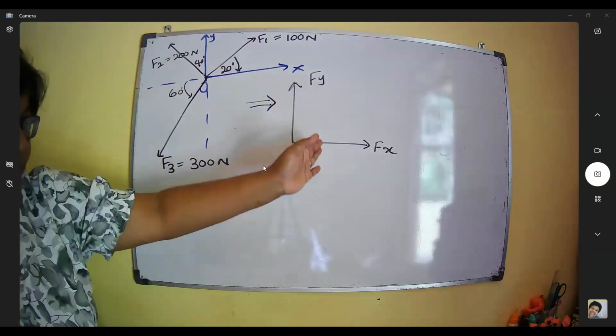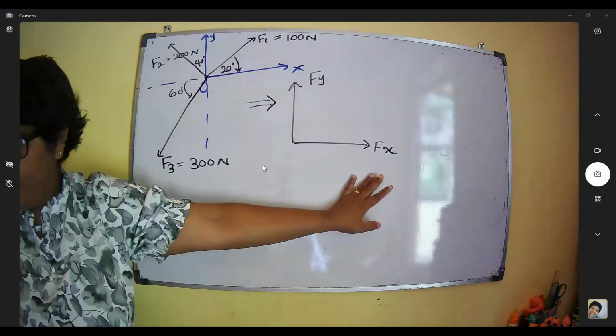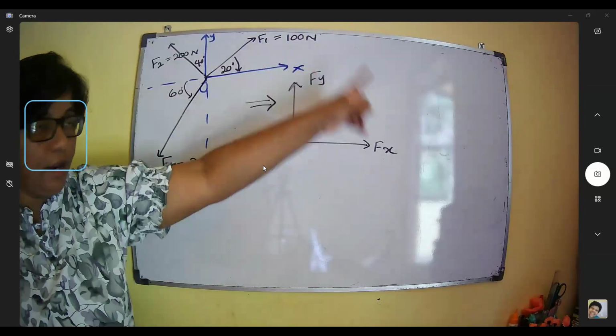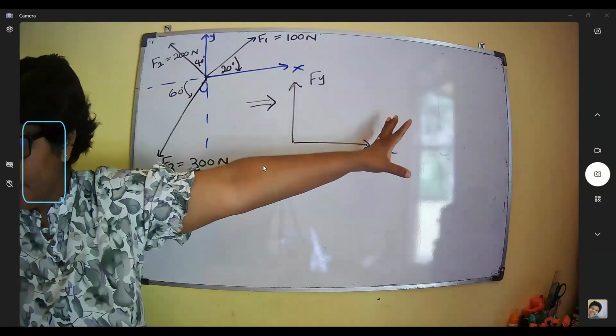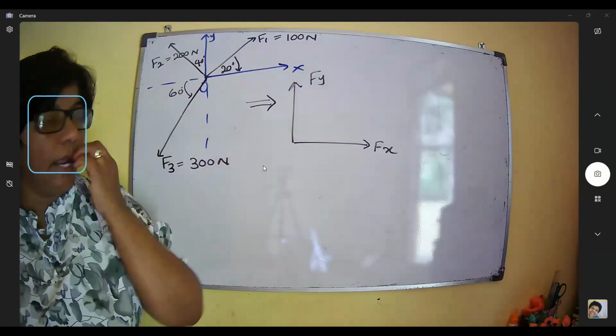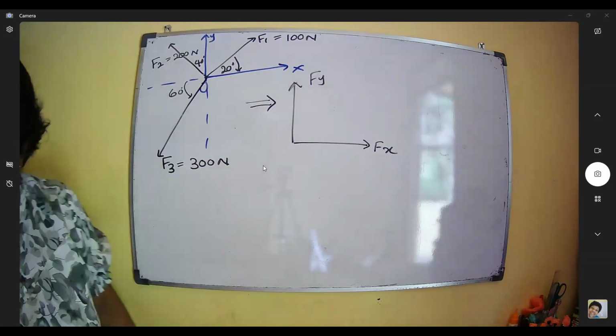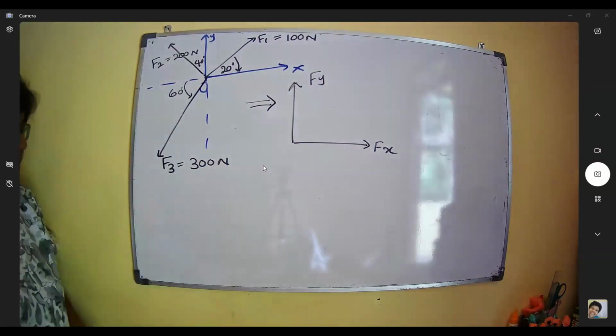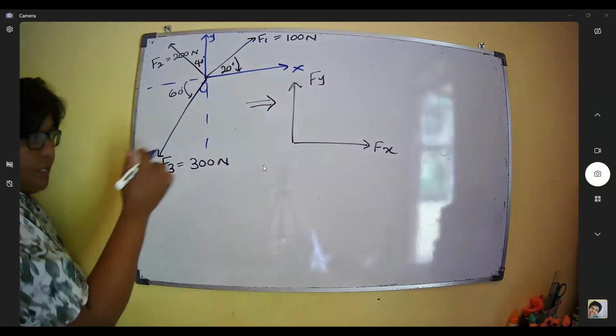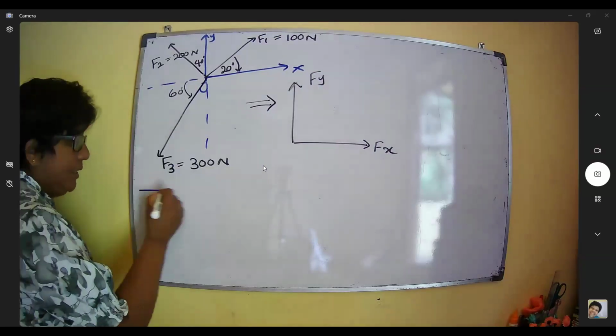Both are perpendicular. If we know Fx and Fy, we can find the resultant magnitude and resultant direction. I'm taking all Fx components in this direction.